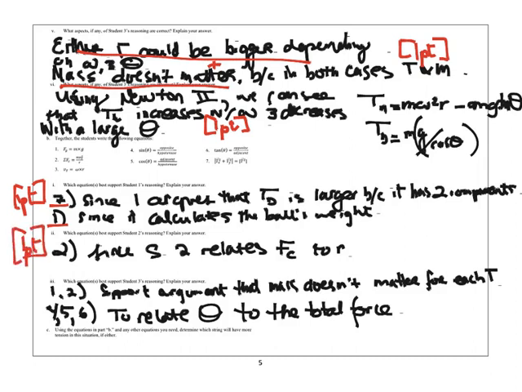In part 2, 1 point for equation 2, Vt squared over R. 1 point for both of these. You could have either 4, 5, or 6. You didn't have to have all 3 of them, but you did have to have 1 or 2, 1 and 2, and point out that it relates to mass.